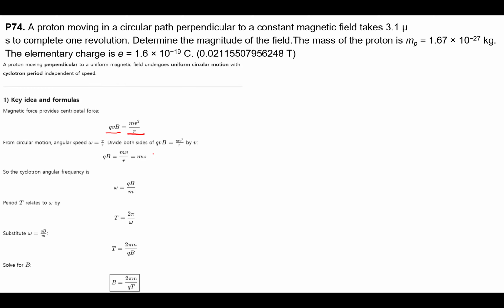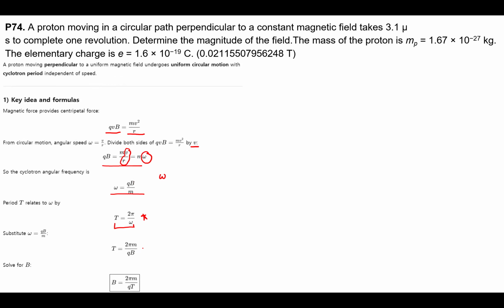And then if you divide both sides by V, then you get this one. And V over R is omega, the angular velocity. And then this is given by this one. And the period T is given by this relationship. This is the key. And then if you plug in those things, then you have this one.